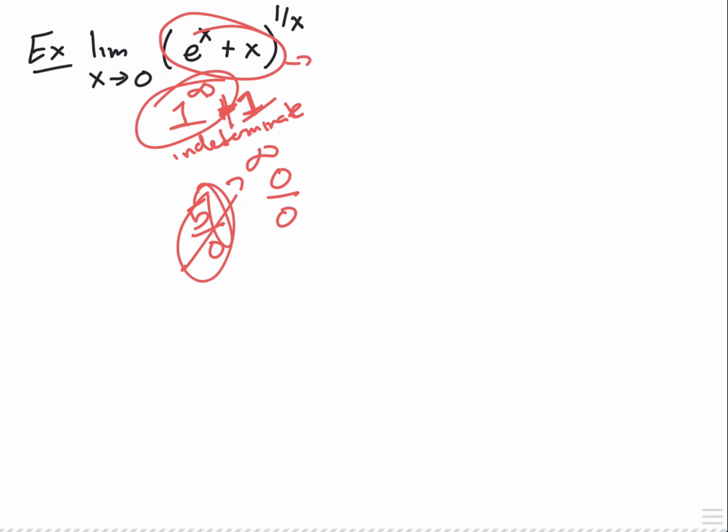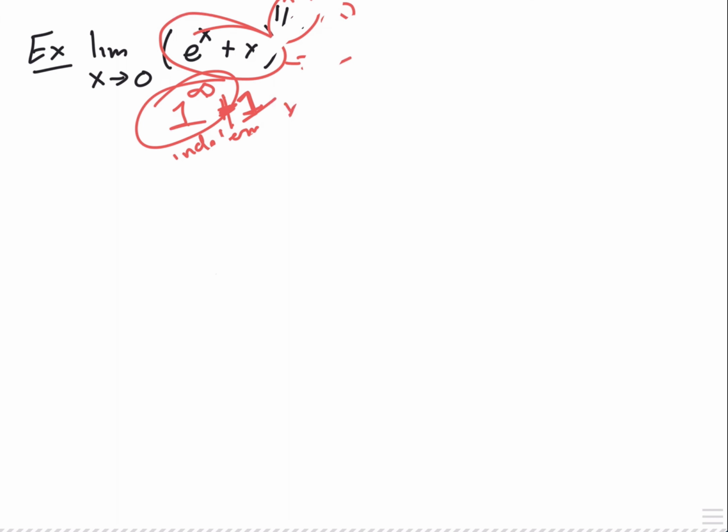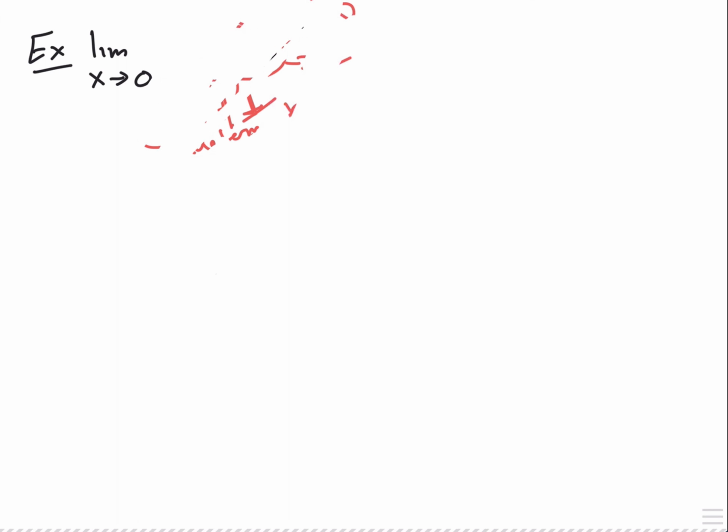The inside is approaching 1, and the exponent is approaching infinity, so that will potentially approach some other number that is not necessarily 1. Okay, so does that make sense? Okay, good. Sort of, at least. I only mention it because all the time I get students telling me that 1 to the infinity is 1.